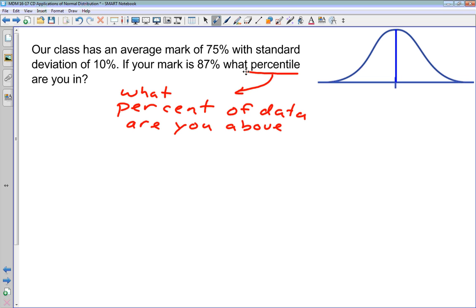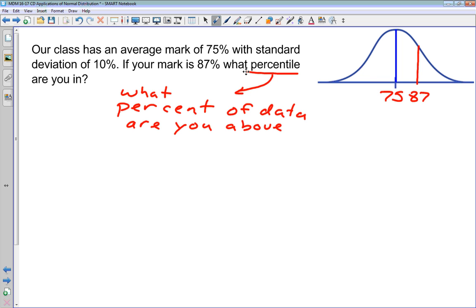It's always helpful when you're doing this, at least at the beginning, to just sketch yourself a little normal curve like I've done up there in the corner, indicate where the mean is, and start labeling some of the data on your little sketch. So if our average mark is 75 and our mark is 87, that's going to be over here, above the mean.